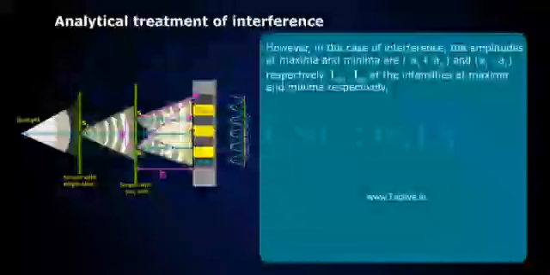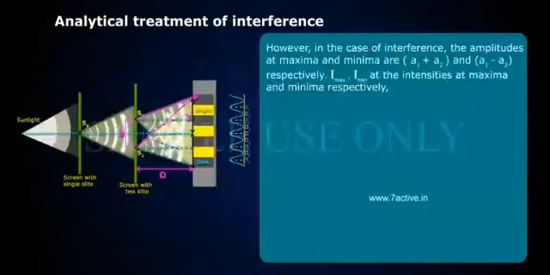However, in the case of interference, the amplitudes at maxima and minima are A1 + A2 and A1 − A2 respectively. Imax and Imin are the intensities at maxima and minima respectively.